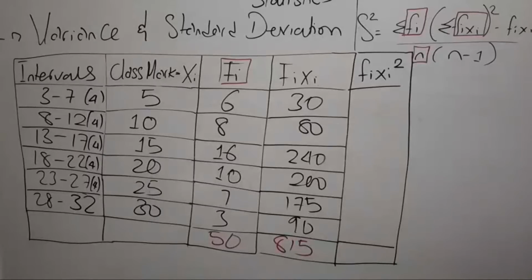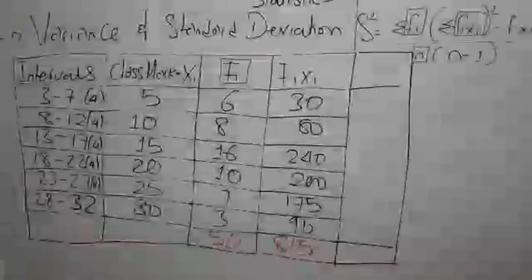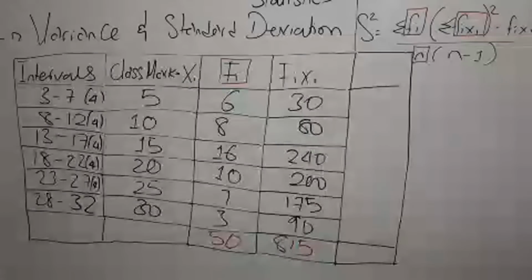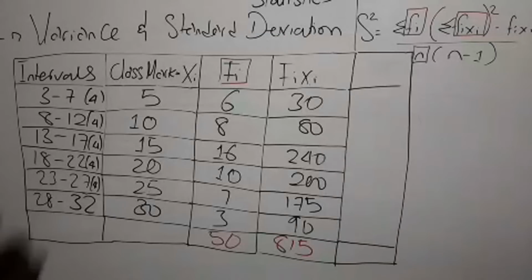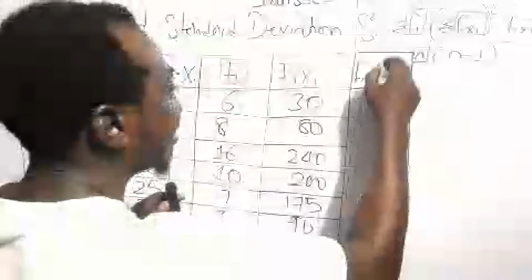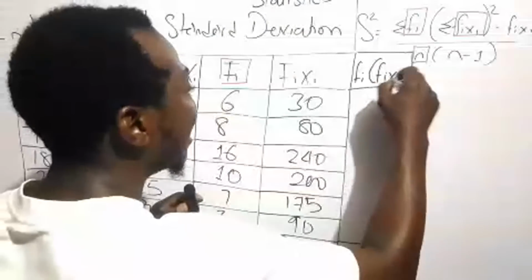We are going to be doing fi multiplied by fi into brackets, fi xi.